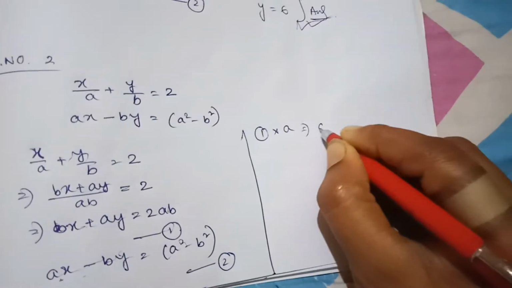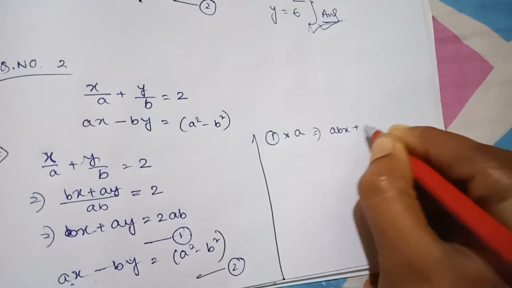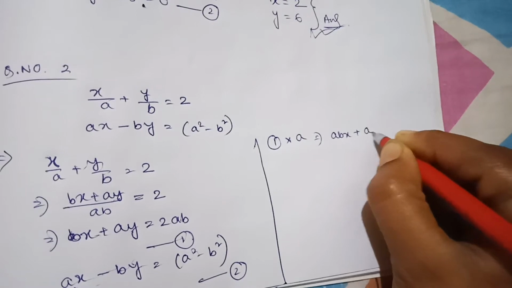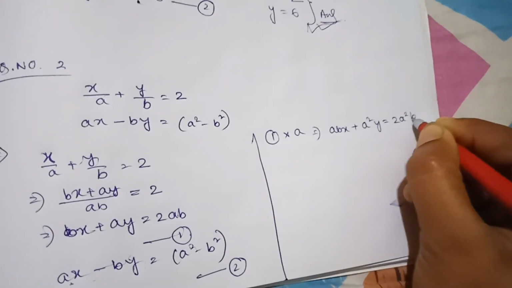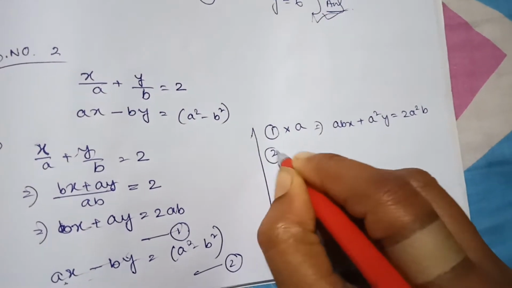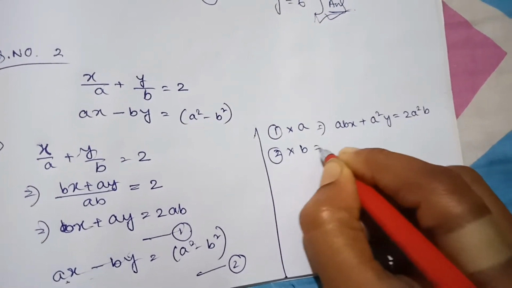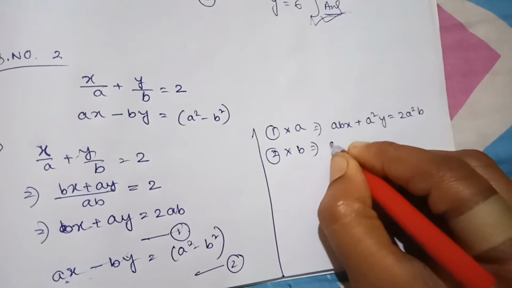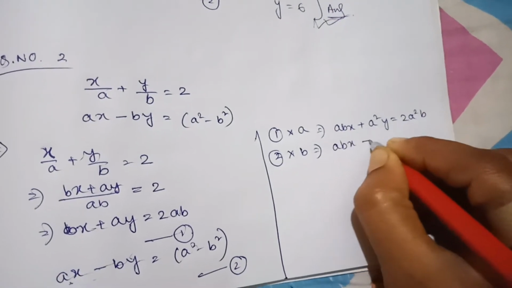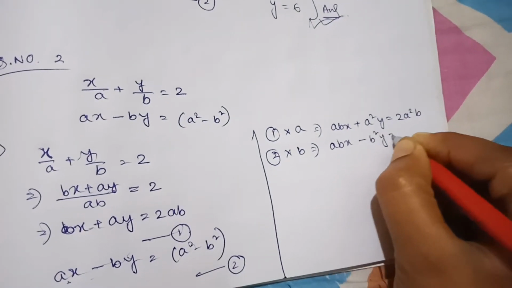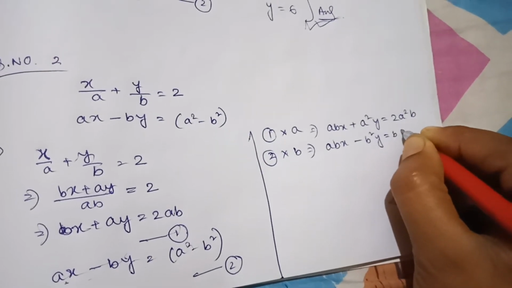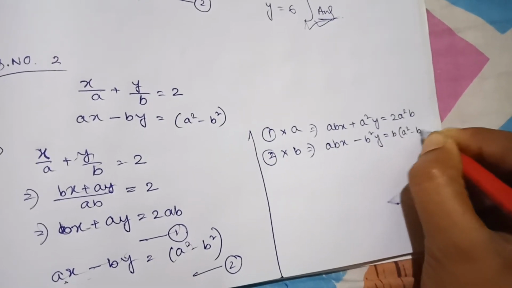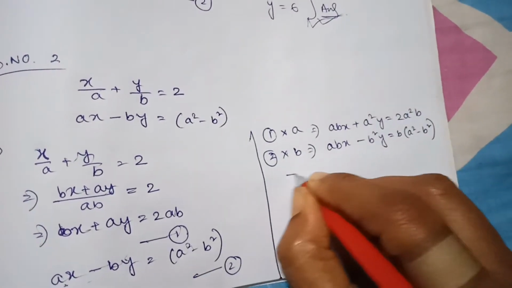So it's becoming ABX plus A square Y equals 2A square B. Number 2 multiplied with B will give us ABX minus B square Y equals B into A square minus B square.